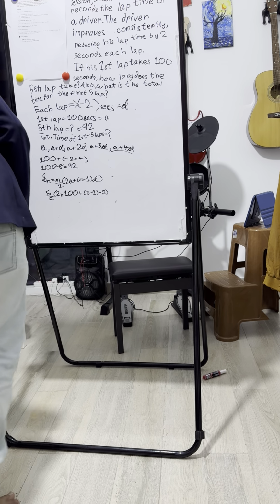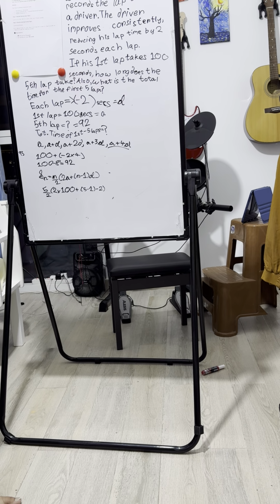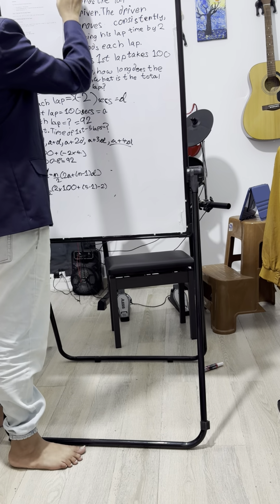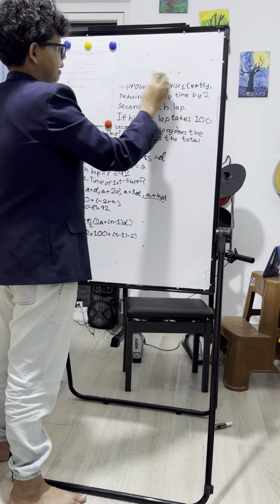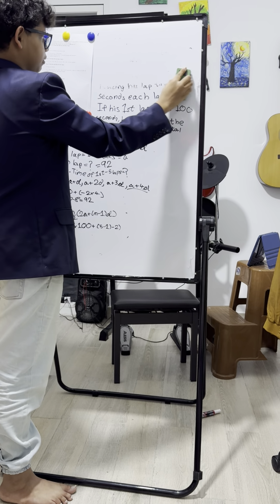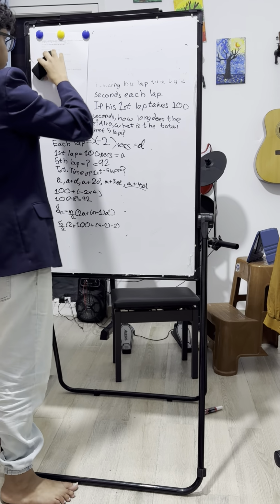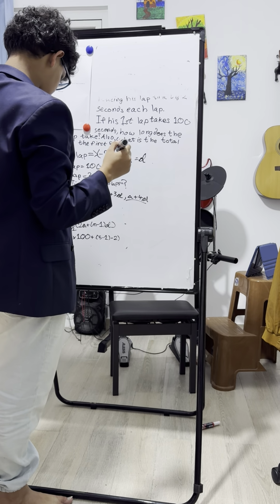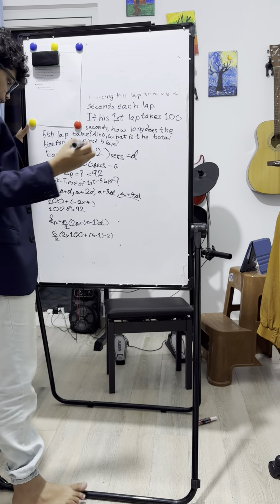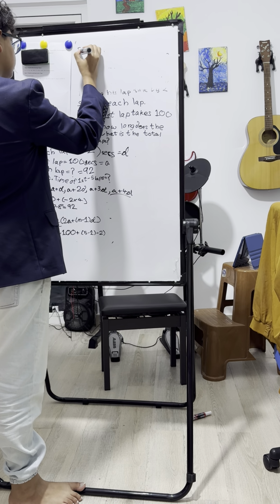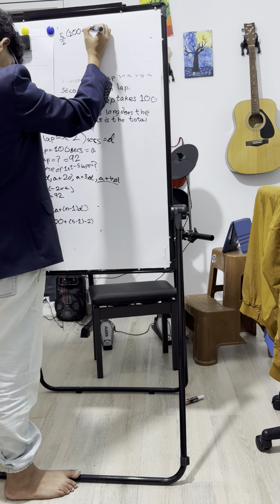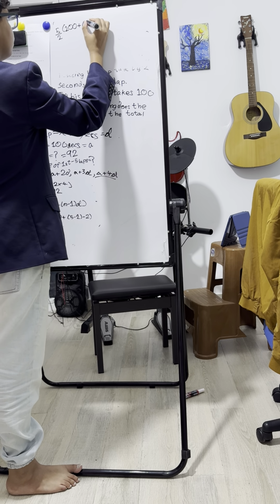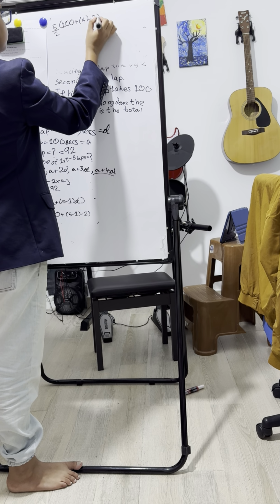Let's make some new space. We'll have to rub out a bit of the question. If you forget the question, you can go back and take a screenshot real quick. So here we have 5 by 2 into 200 plus 4 into minus 2.